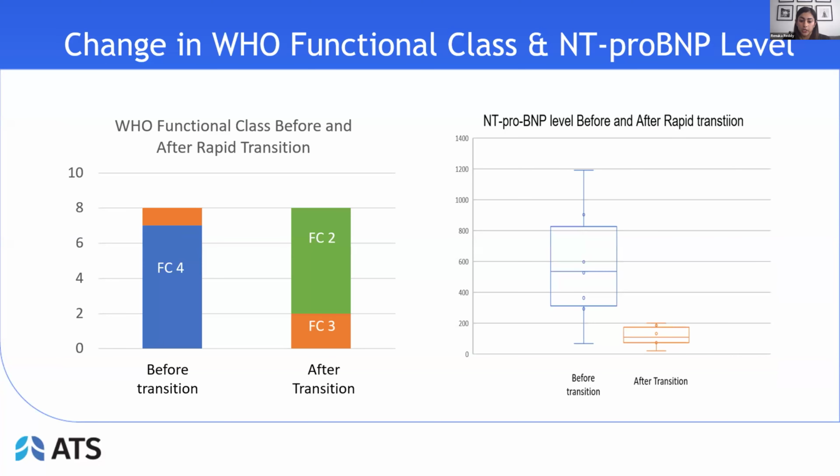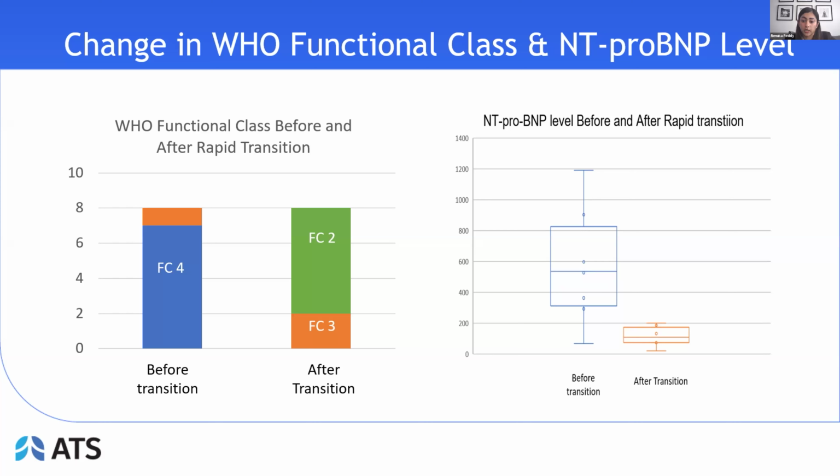So in this slide, we're going to be transitioning to looking at more of the outcome measures following the IV prostacyclin therapy. On the left, we see that at time of initial presentation, 87% of the patients were WHO functional class 4. And at time of hospital discharge, none of these patients remained in WHO functional class 4.